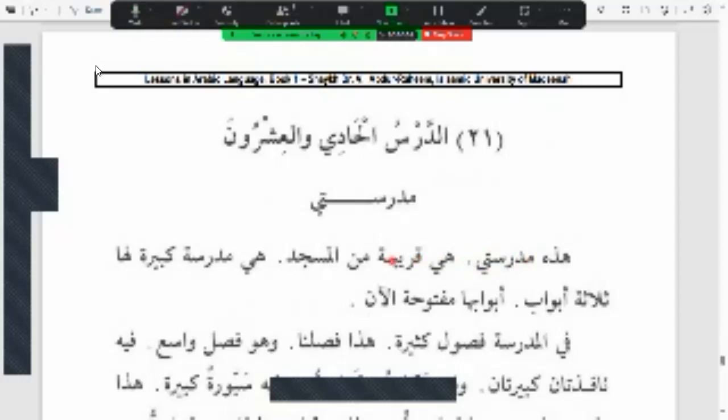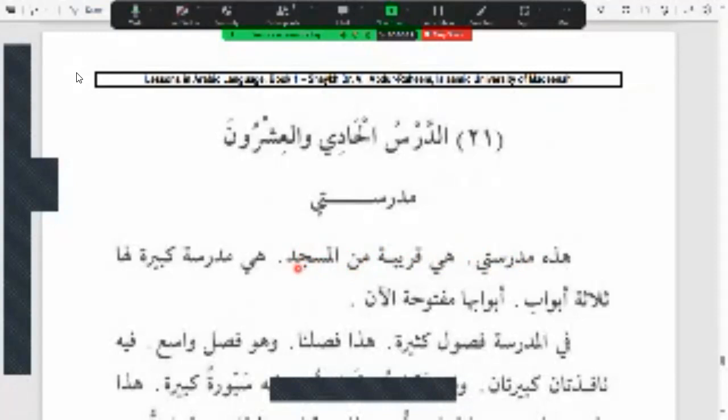Here qariba min masjidi. Here it's also a mubtada. Qaribatun is khabarun, and min is harf jarr. The ism that comes after harf jarr we call majrurun, so we can say harf jarr or majrurun.